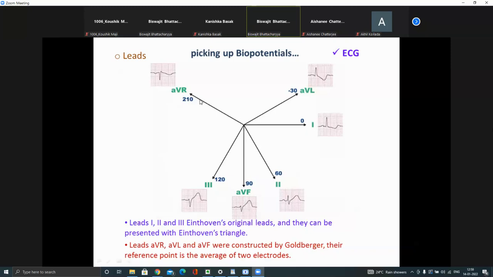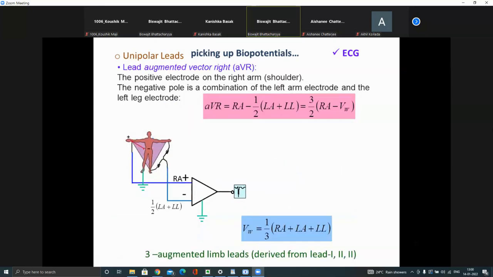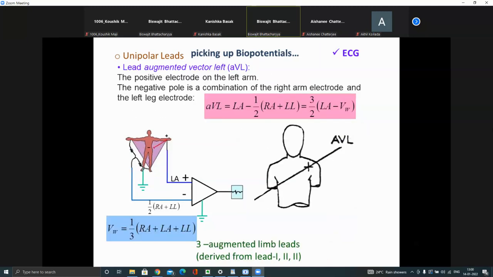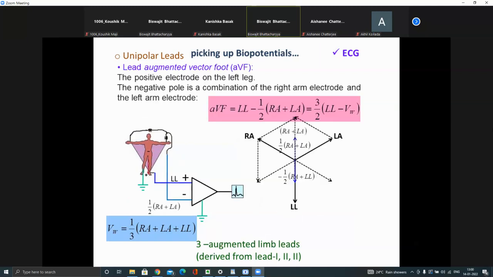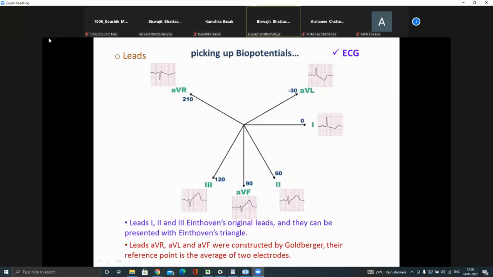It is the direction of AVR, then AVL, then AVF, pointing downward. So total is AVR, AVL and AVF.